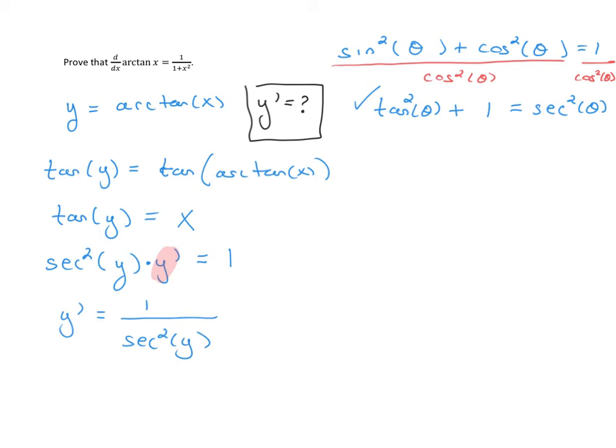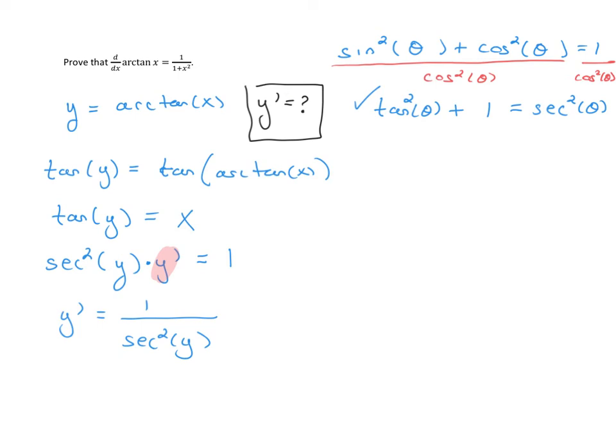That's the answer. I'm noticing that this formula has x's in it instead of y's, so we're just going to do a little bit of work to make this thing look more like this. Okay. I'm going to go over to this identity here. I see secant squared of any angle is equal to 1 plus tangent squared of that angle. So I'm going to replace this with this.